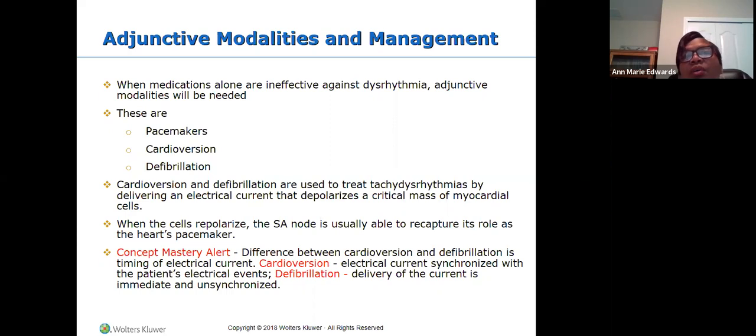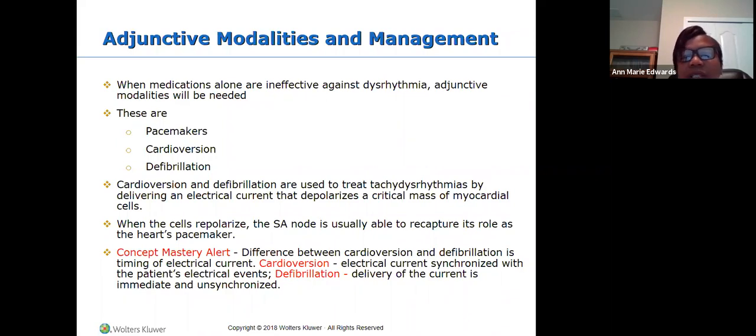We give amiodarone, sotalol, procainamide or lidocaine, okay? But when those medications are ineffective, then we have to use other means, and these are what we call our adjunctive modalities. These are like our pacemakers. This is like cardioversion and defibrillation.